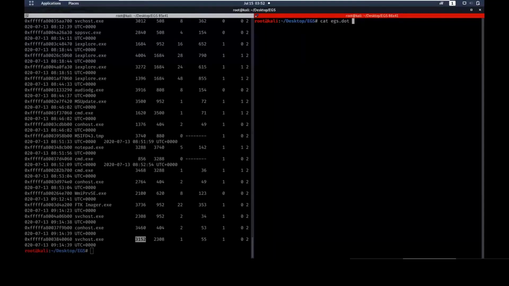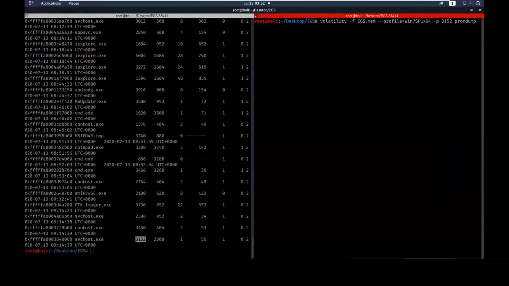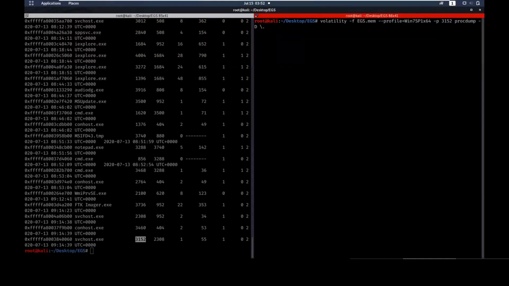Use volatility -p, which is specifically focused on a certain process instead of all, 3152 procdump -D, which is downloading into the current folder.